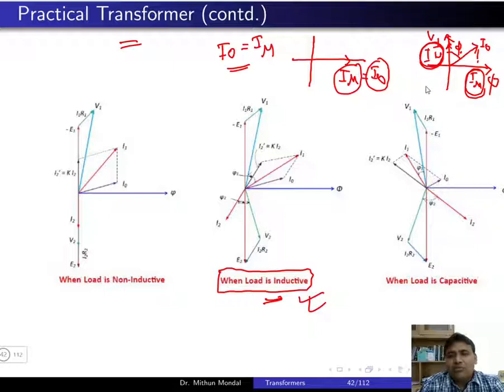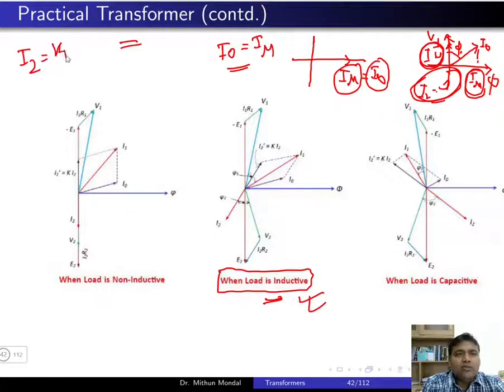But this transformer has I2 equal to 0. So the transformer is not having any load. However, if you load the transformer, due to the I2, what has happened now? I2 is equal to K1 times I1 dash, right? This is what is happening.